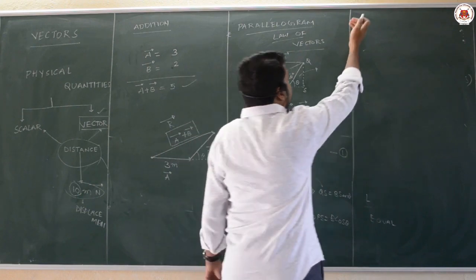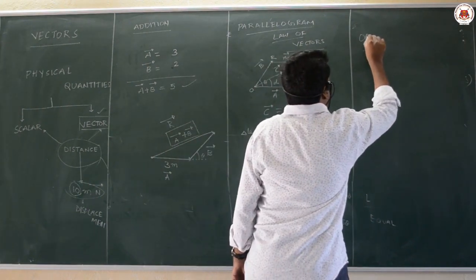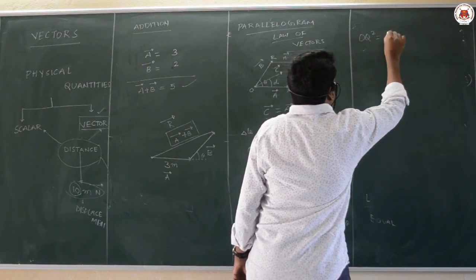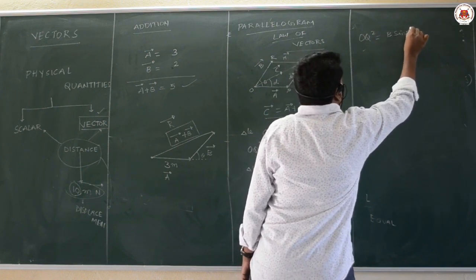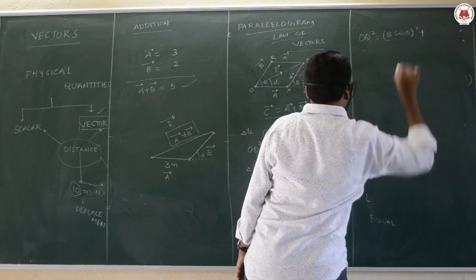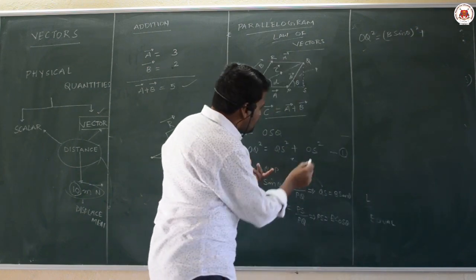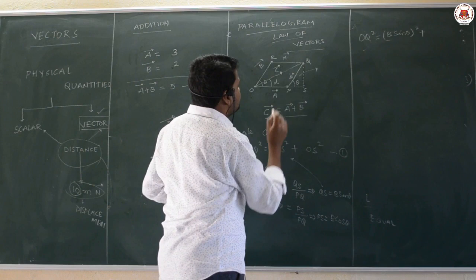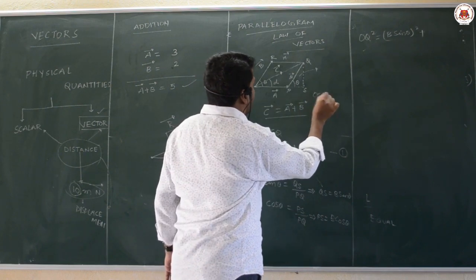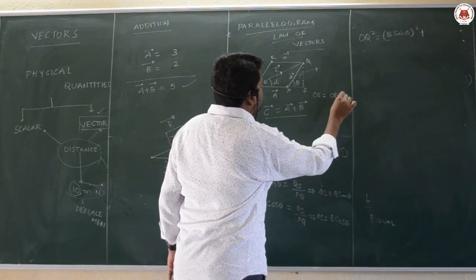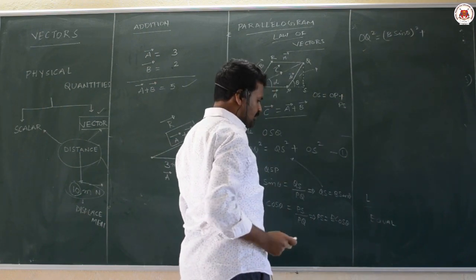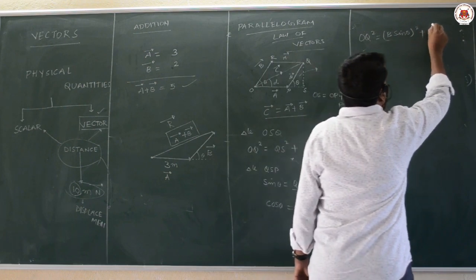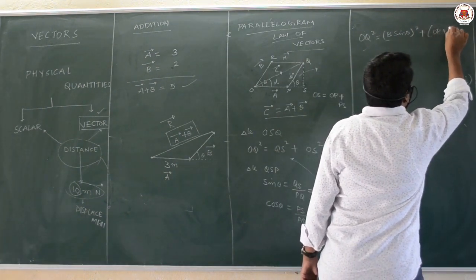So OQ square is equal to B sin theta whole square plus, you can observe this, OS consists of OP plus PS. OS is equal to OP plus PS. So this you write as OP plus PS whole square.